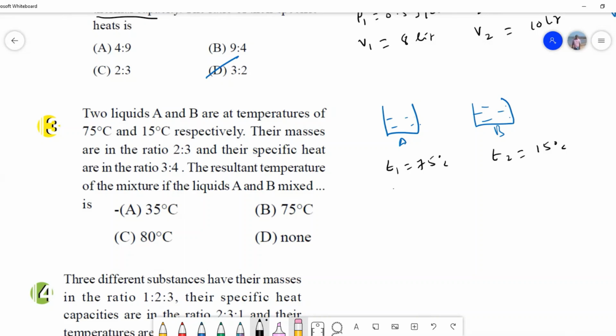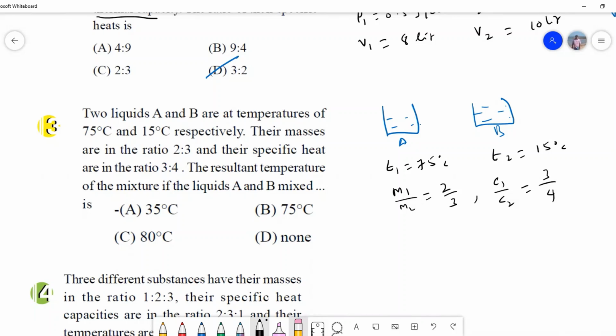Their masses are in the ratio M1 by M2 equal to 2 by 3. Their specific heats are given as C1 upon C2 is 3 by 4.